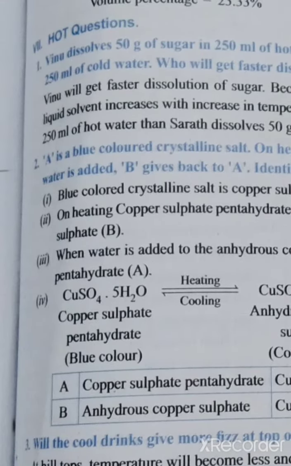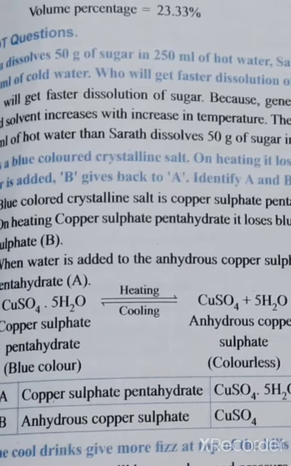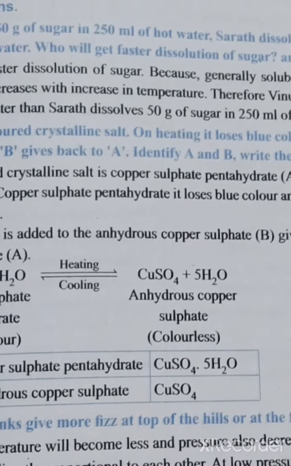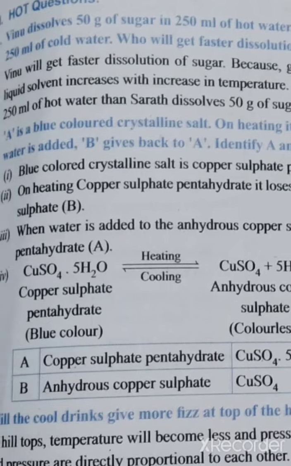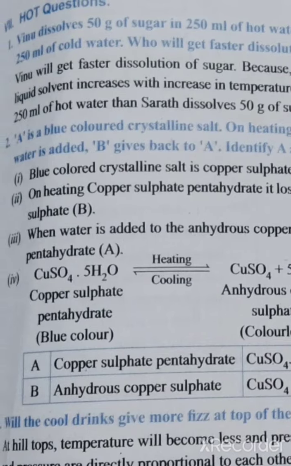When you add a few drops of water, the anhydrous copper sulfate regains its blue color by gaining water molecules. So the equation is CuSO4.5H2O, on heating, water molecules are removed, gives CuSO4 plus H2O. Then again if you add a few drops of water, the anhydrous copper sulfate regains its original color, copper sulfate pentahydrate.